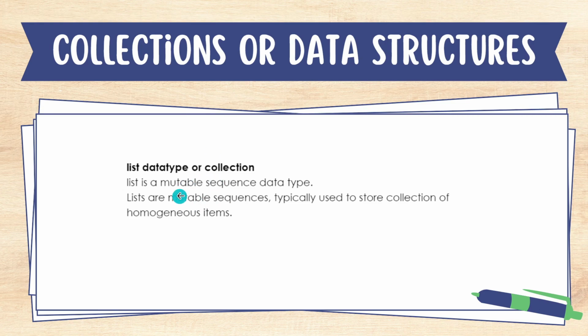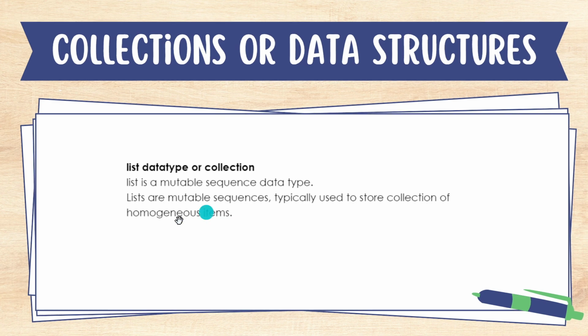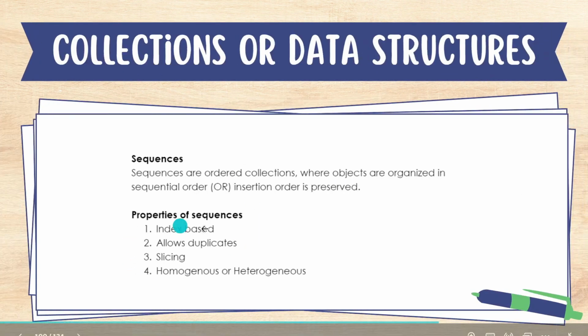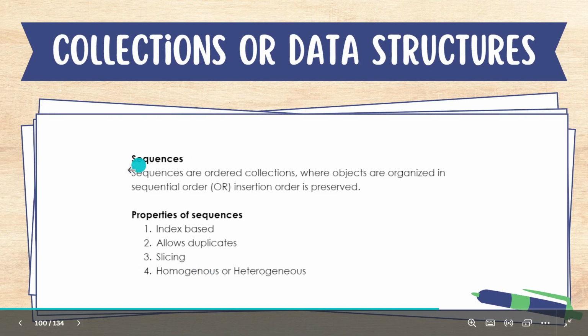Can we say list is heterogeneous? No, sir. Yes, we can say. In Python, a list can be homogeneous and a list can be heterogeneous. I will show you by code also. As we have seen on this slide, whatever sequences there are, sequences can be homogeneous and heterogeneous.